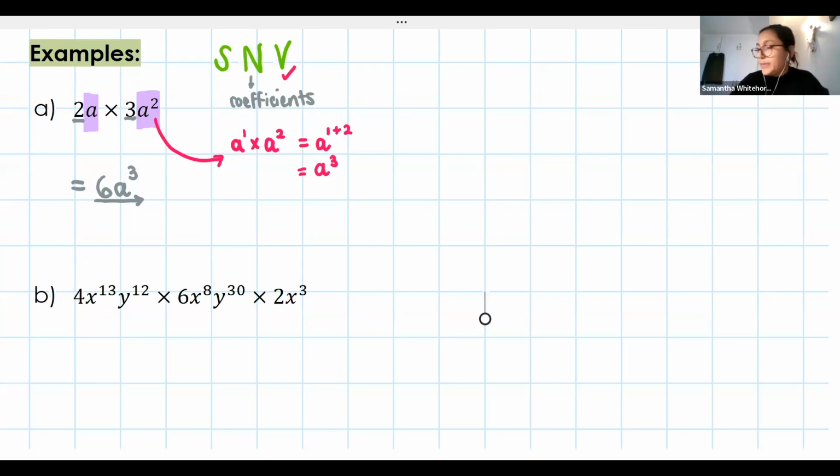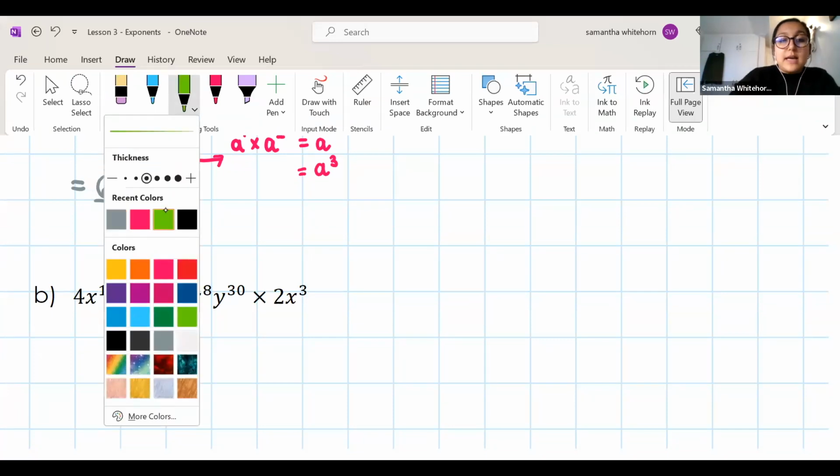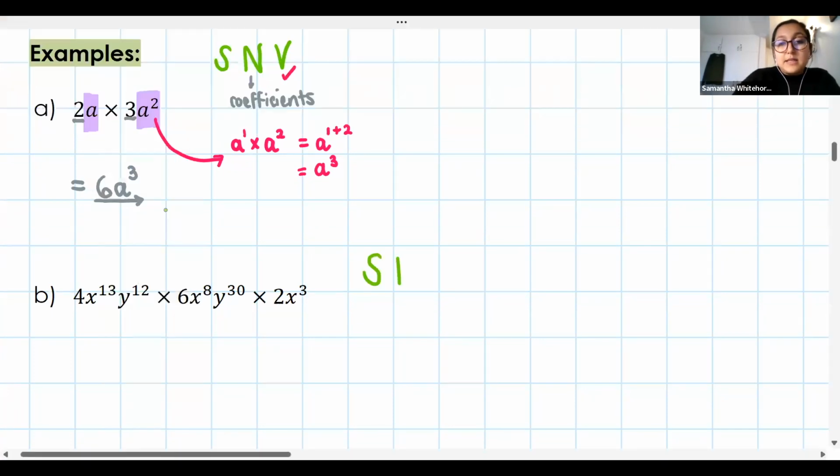Do it step by step. There's no reason to try and get it done all at once. We go step by step. Again, in question B, we are only multiplying. So what that means is I need to apply law 1 of exponents. And once again, I'm going to apply my SNV.